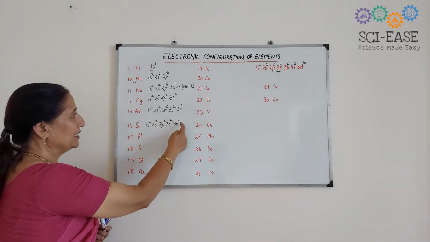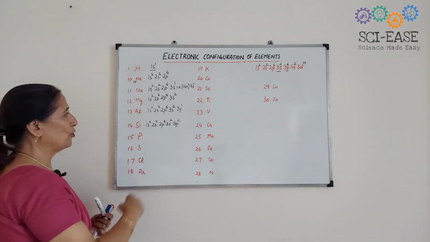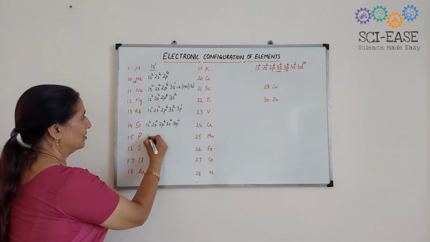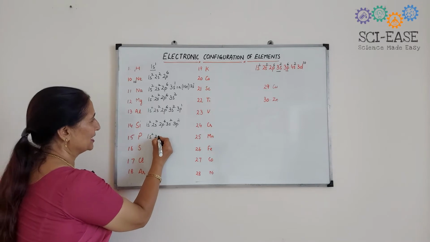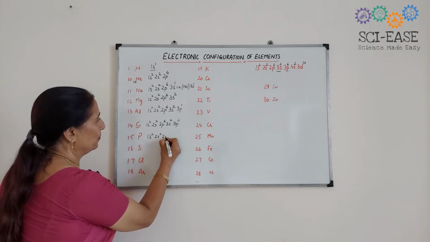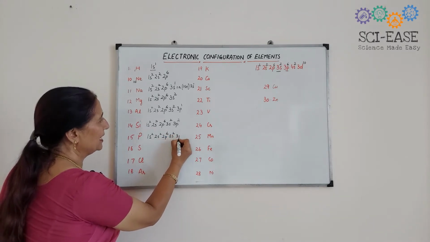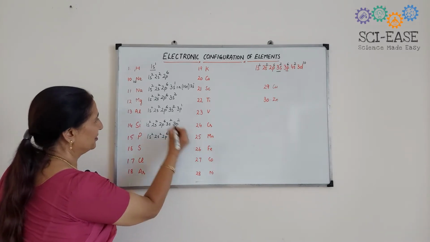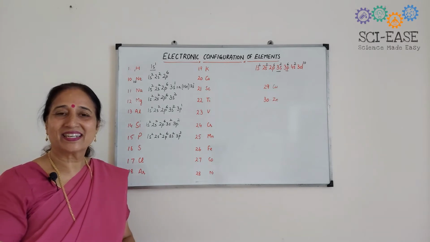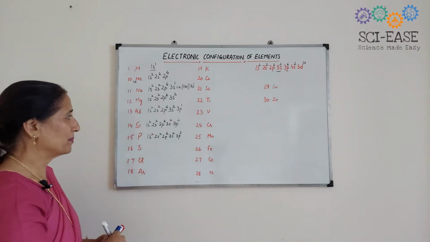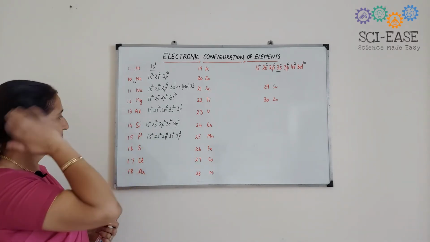Here it is 1, here it is 2. Come to phosphorus: 1s2, 2s2, 2p6, 3s2, 3p3. It's a half filled p subshell.